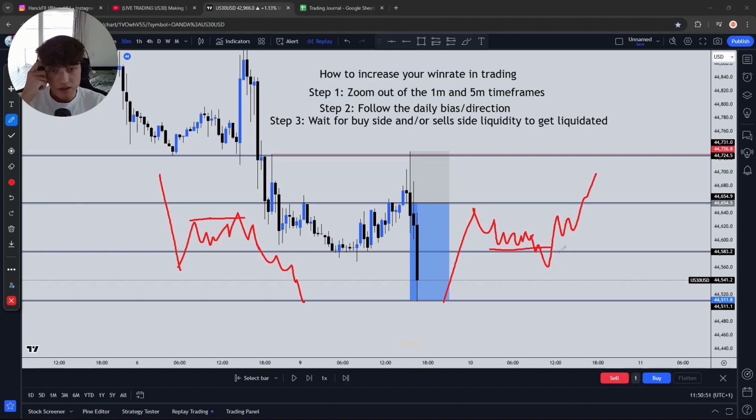Because you have to think of it like this, right? Price obviously follows market structure, and this is basically just market structure. If you think of it and zoom out on the higher time frames, this is a low, this is a lower high. Let me draw it in green or whatever. This is a low. This is a lower high.